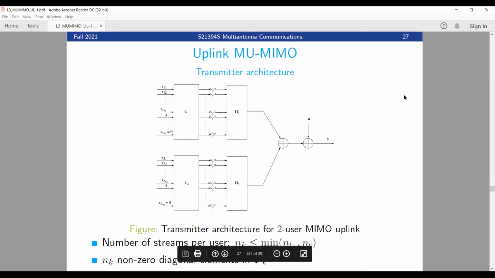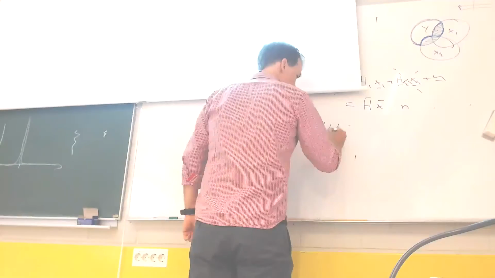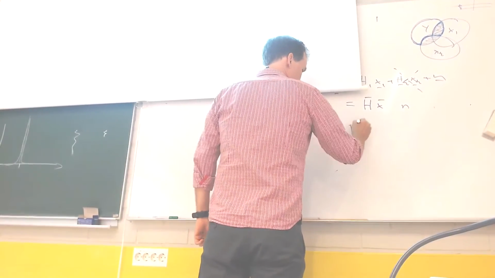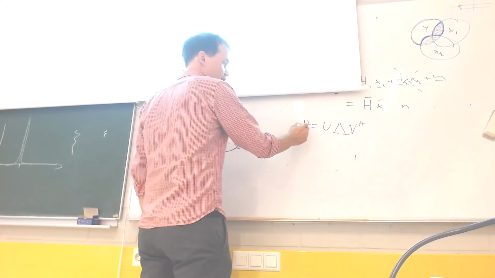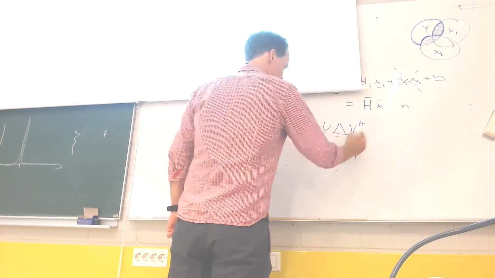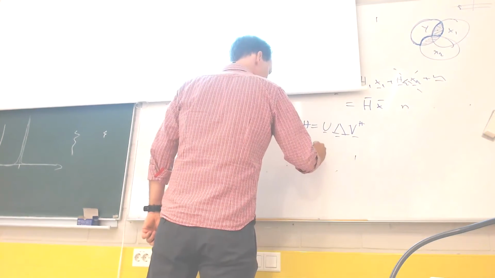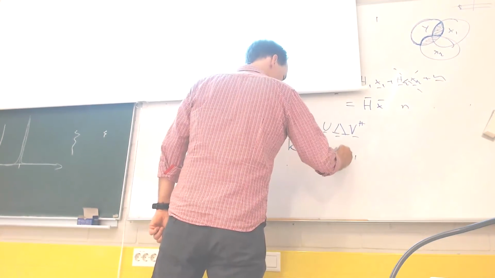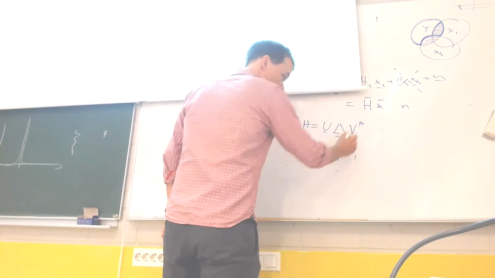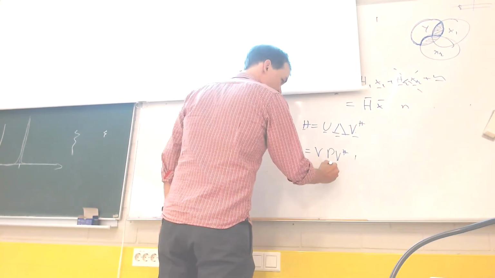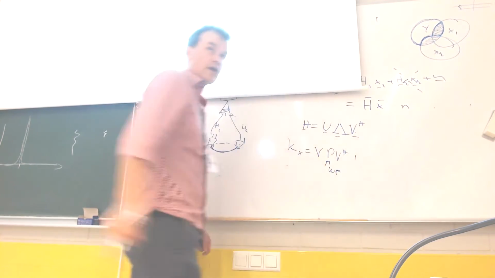In the single-user case, you know that if we have the full CSI, you simply take an SVD of the channel matrix H, and the transmit covariance matrix would simply be V Lambda V Hermitian, where V is the right singular vector and Lambda is the water-filling power allocation.